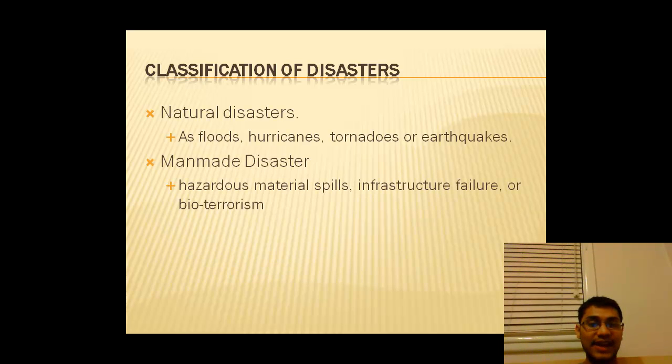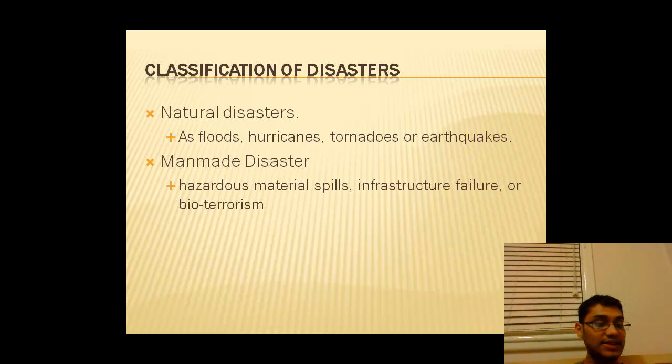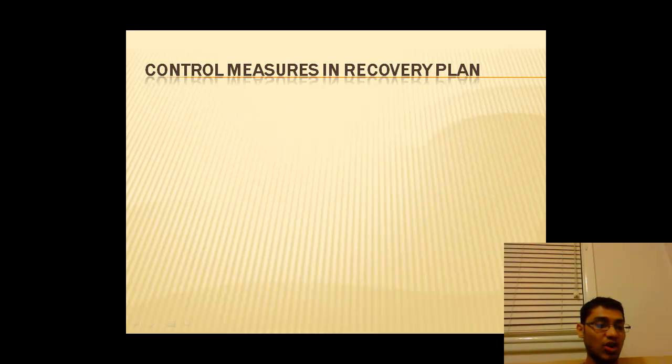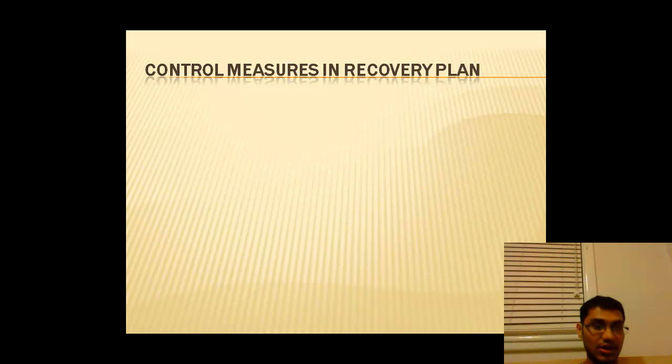The second category is man-made disaster. This includes hazardous materials spills, infrastructure failure, or bioterrorism. In this case, intensive consequences and mitigation planning are invaluable towards avoiding or lessening losses from these events.